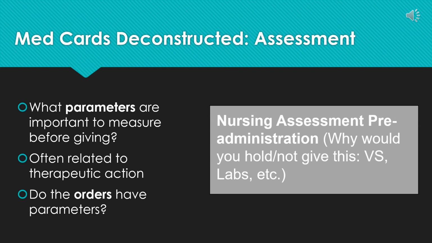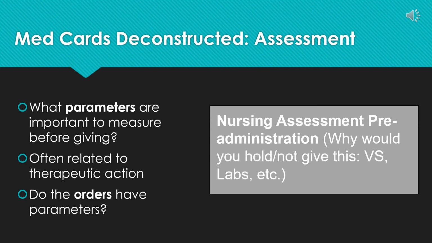If you're giving potassium, it's useful to know what their potassium is. If you're giving an anticoagulant, it's useful to know what their bleeding times are. If you're giving an antihypertensive, it's useful to know what their blood pressure is. So these parameters are often related to that therapeutic action, and sometimes your orders will have those parameters.